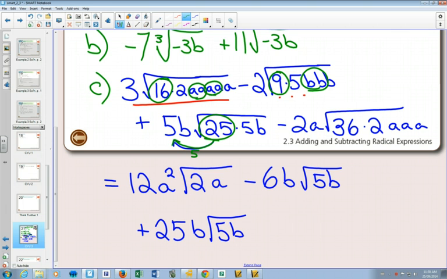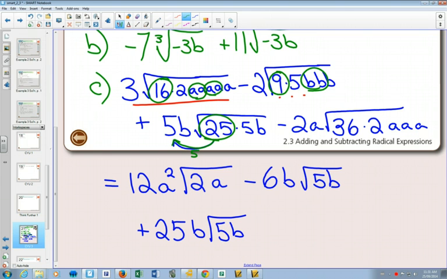Sometimes people get radical happy. They see 25 and they're like, oh, I know, that's 5. I can keep taking the radical. And they just keep going and going until there's nothing left. Just calm down. You got just the 25, and that's going to become a 5, and it gets multiplied by 5 to get 25 in front.